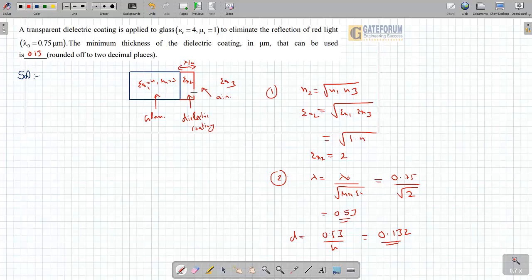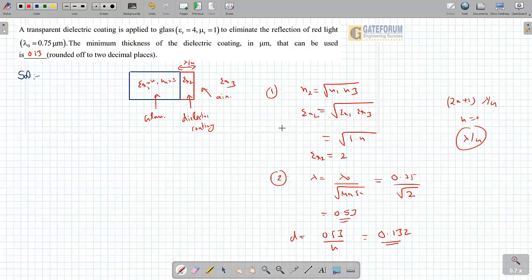And since it is quarter wave, it is not only lambda by 4, it is odd multiples of lambda by 4 that will be applicable. For n equal to 0, we will get the minimum thickness, but it is not only 0.13, there are multiple thicknesses in multiples of lambda by 4 where we can get the impedance matching. So that is the thing. So the answer for this is 0.13 micrometer.